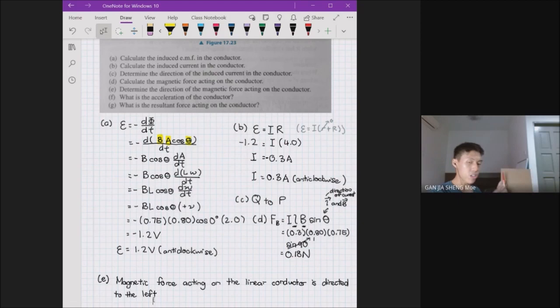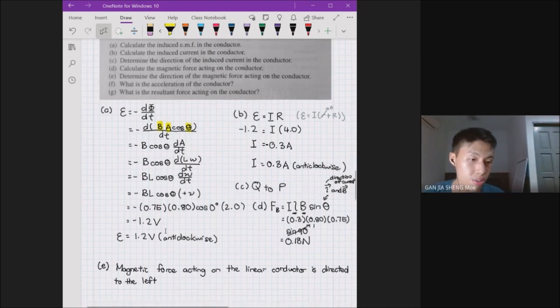The effect, the magnetic force pushing to the left, opposes the direction of the cause. So that's Lenz's law actually. We will continue to discuss Lenz's law in greater detail in future videos. But for question F, the acceleration is 0 because it's constant velocity.